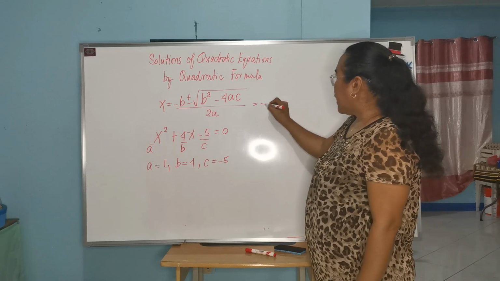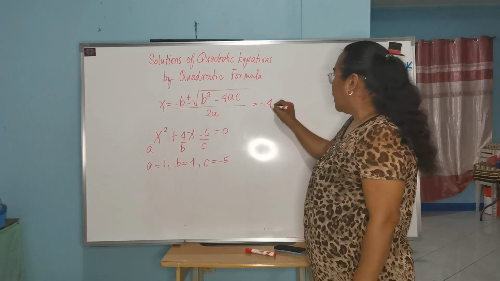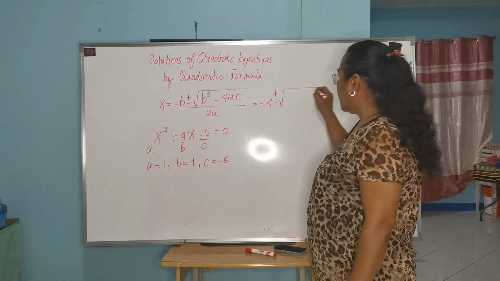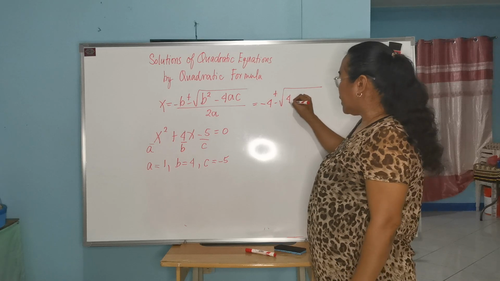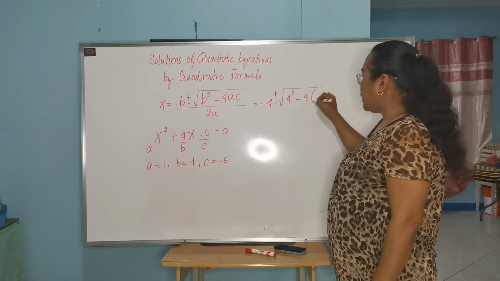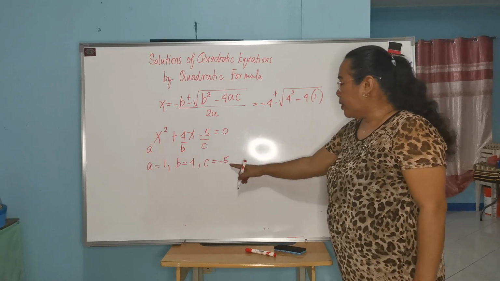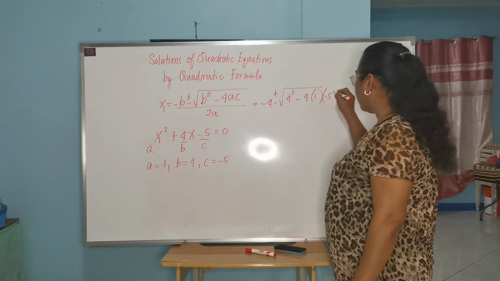So that is negative 4 plus minus your b squared, which is still 4. We need to square that. Minus 4 times our a, which is 1, times our c, which is negative 5.